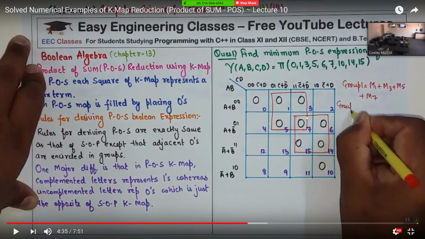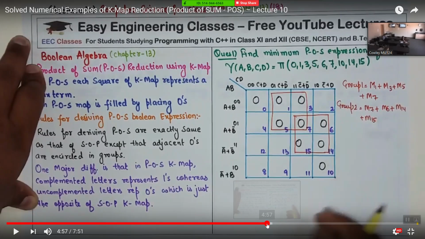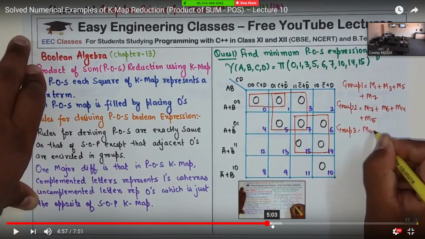Now you can share one if you need be, if you got an odd number. So that's why he includes in this 7 again. And group 3, to include this 0 here, he needs another 0 because they got to be even. So that's why you got M0 plus M1.